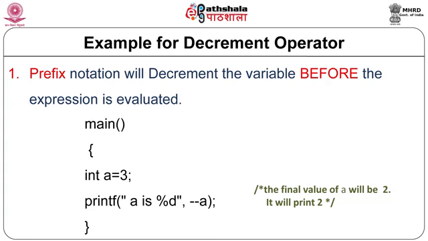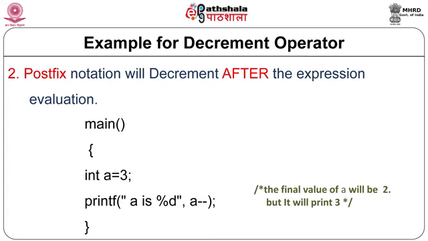I am using the prefix decrement operator, that is minus minus a. In this, the final value of a will be 2 and the result will be 2 because I am using the prefix decrement operator. So the value of a is 3 and that 3 is decremented by 1, therefore a is 2 and that value 2 will be printed.